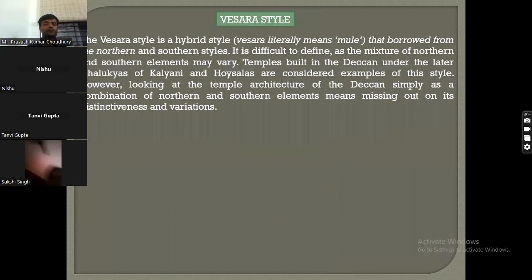Likewise, when we talk of the Besar style, which is a mixture of both the North Indian temple traditions and South Indian temple traditions, for example, if the basement is made in the Nagar style, then the shikhar may have the characteristic features of the Dravidian style.